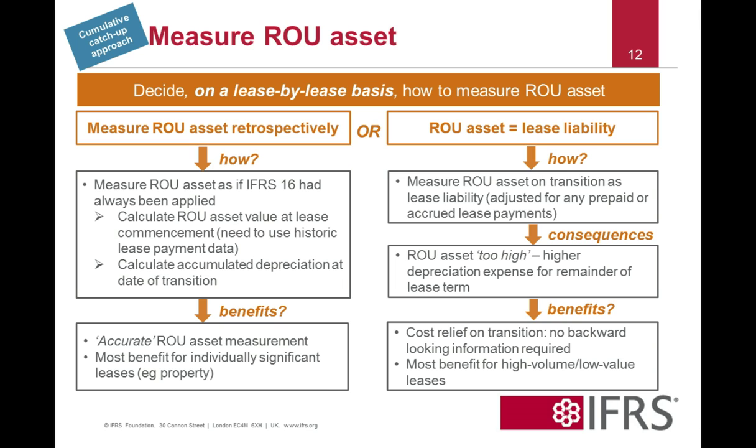So that means, where this choice is taken, operating costs for the remainder of the lease will be slightly higher than if the right of use asset is measured properly. Therefore, a lessee is really only likely to want to do this for those leases where the reporting difference is insignificant and the costs of measuring properly are high. In other words, the high volume, low value leases.